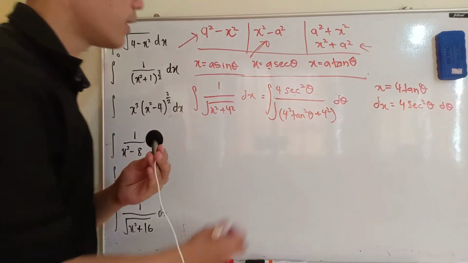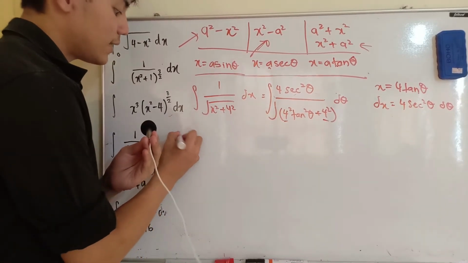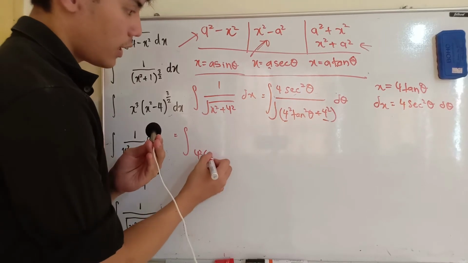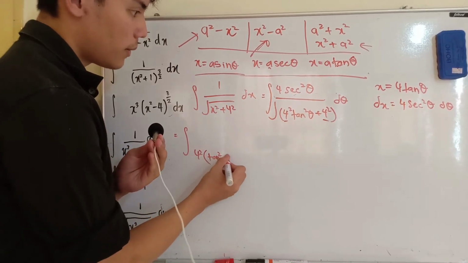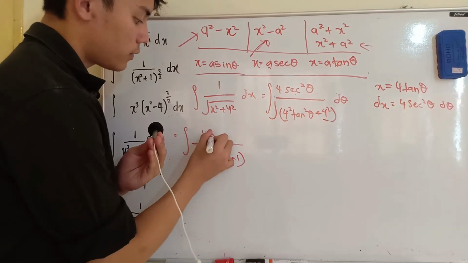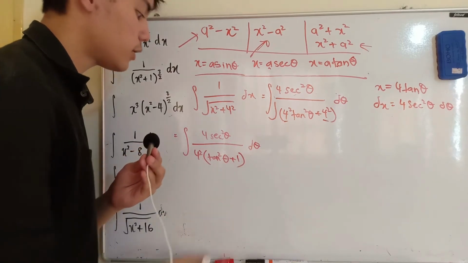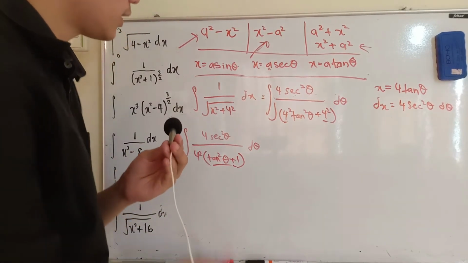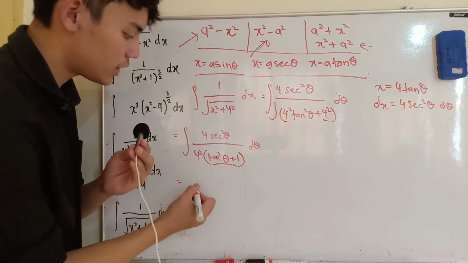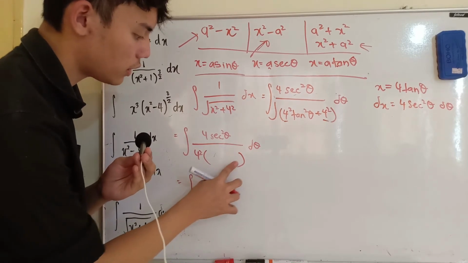So now you have 4 square over here, and 4 square over there also, so you just factorize it. You have 4 square, then tangent square theta plus 1. Now you know that tangent square theta plus 1 is secant square theta, so you just substitute it back.